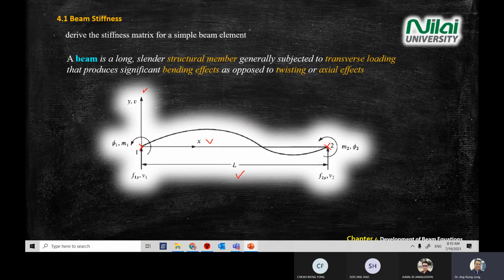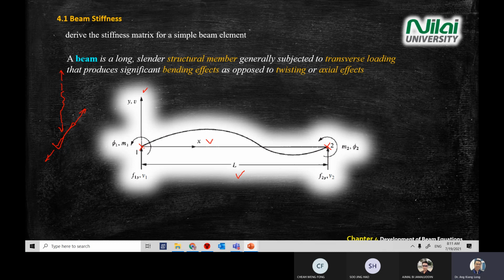If you look at point 1 and point 2, there is something different compared to the spring and bar. The force is not the same as for the spring, bar, or truss. For spring and bar, the forces are at both ends and normally along one axis only, for example the x-axis, along the structure.